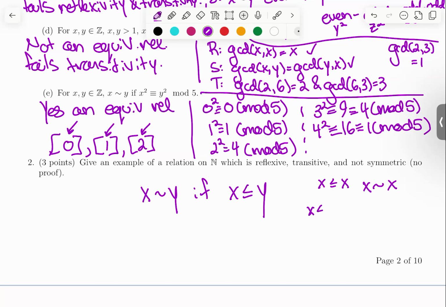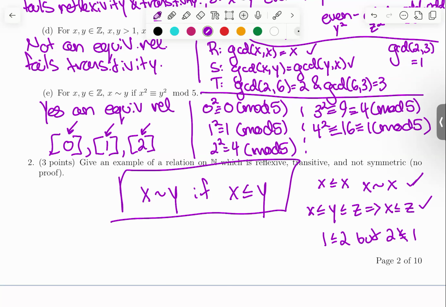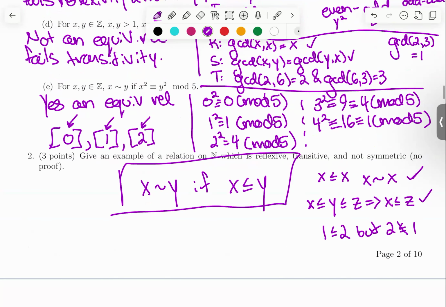If x is less than or equal to y and y is less than or equal to z, then x is less than or equal to z. Okay, so transitive. And then it fails symmetry because, for example, 1 is less than or equal to 2, but 2 is not less than or equal to 1. So here's my relation. It's not an equivalence relation, but it's a relation on the naturals.